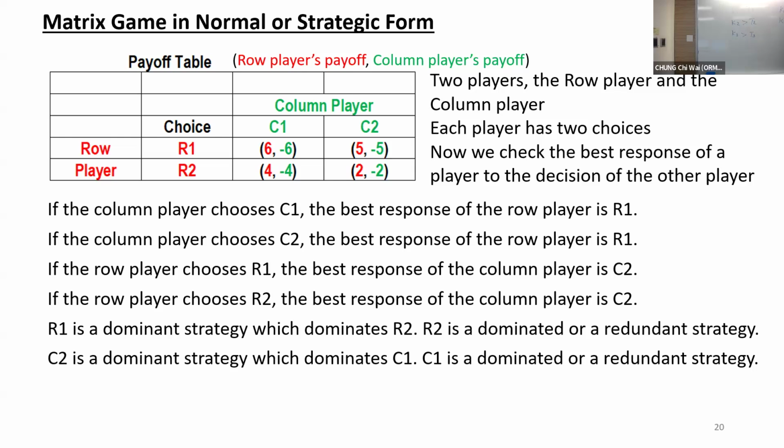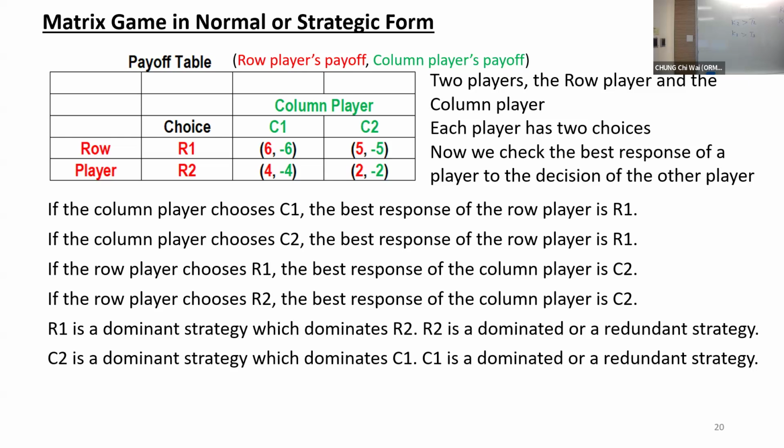I use this notation: in each cell, there are two numbers. The first number represents the row player's payoff. The second number represents the column player's payoff. And this is a zero-sum game.